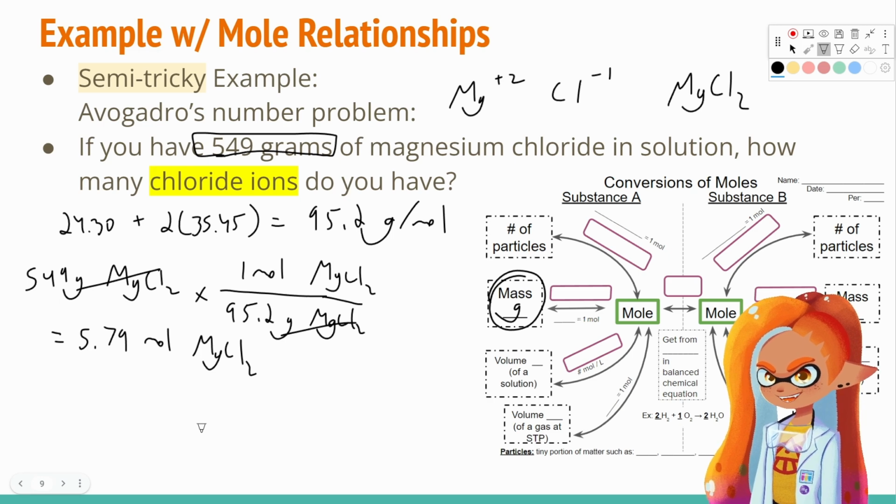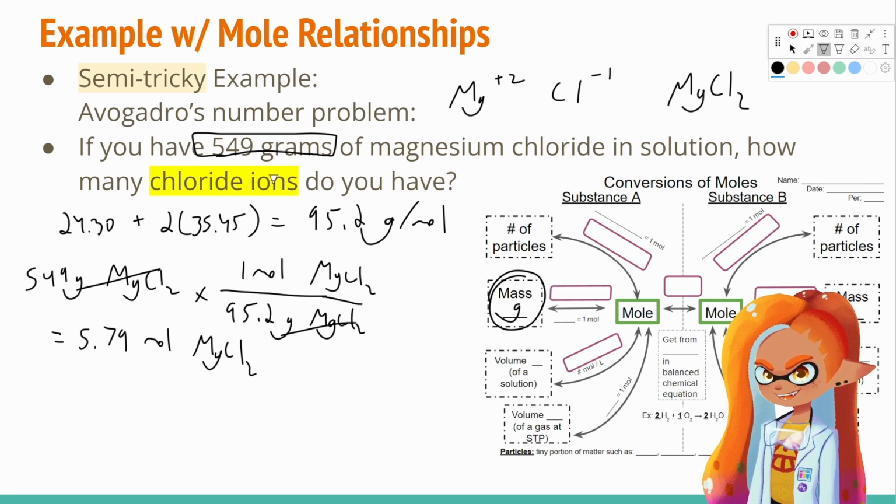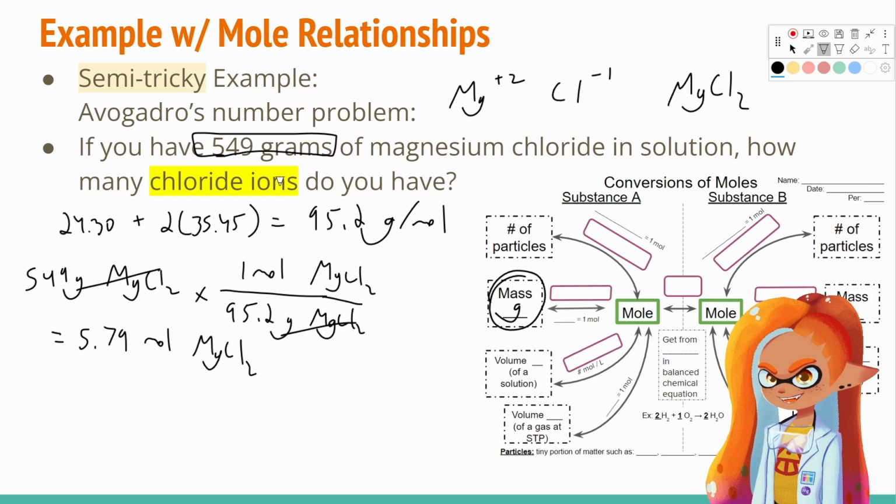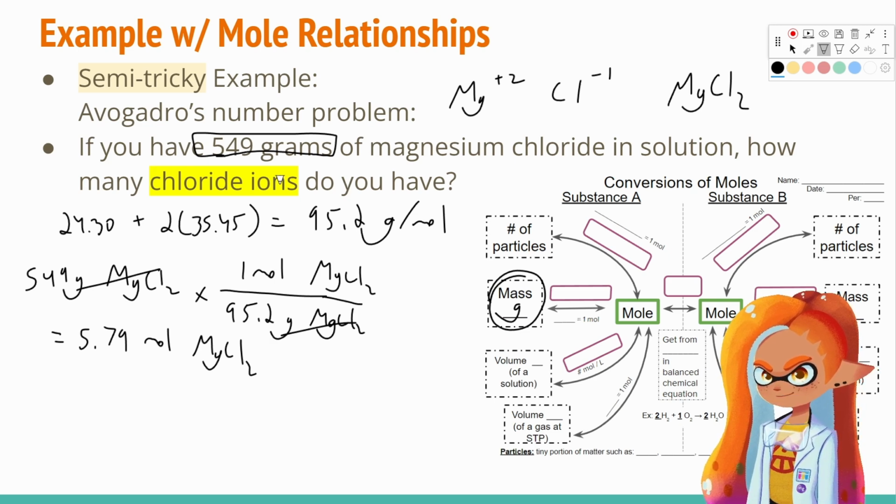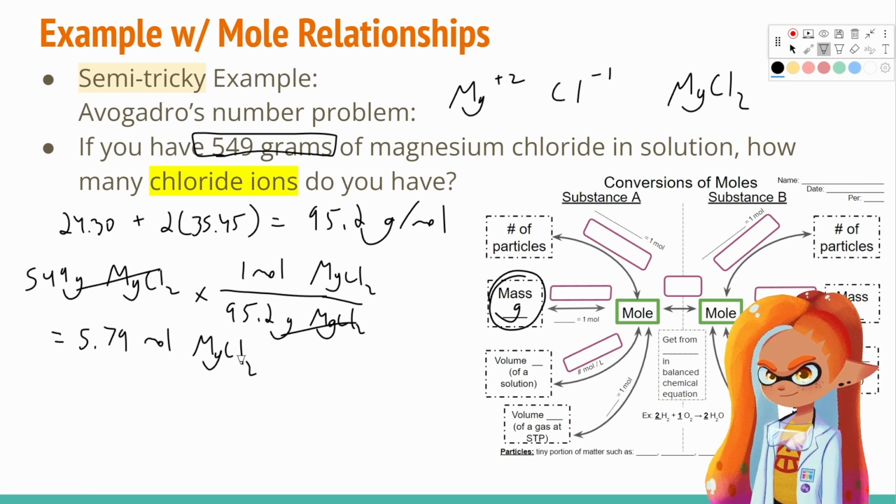Okay, so now I have moles. I'm trying to go from moles to particles because I'm asking for ions. You want to be mindful about that because we have this many magnesium chlorides, but the chloride ions are not the same. You want to be very careful. So personally, instead of going through number of particles and then thinking about it, I'm actually going to go across.